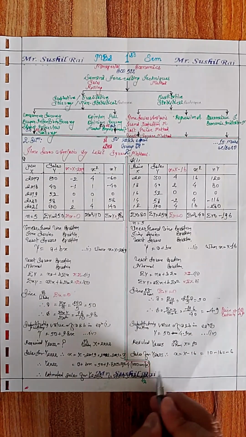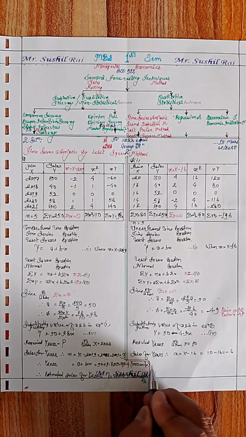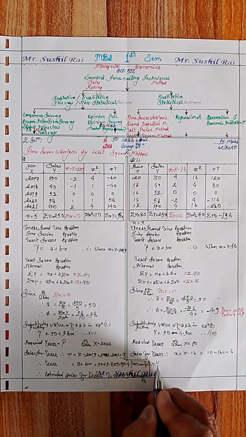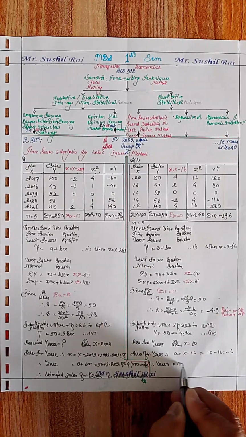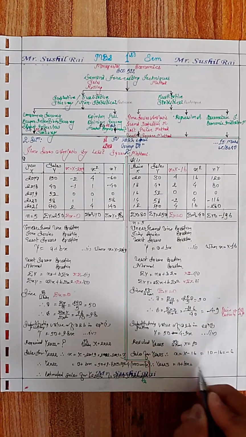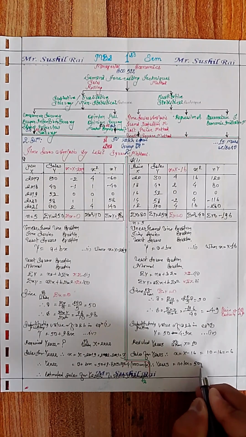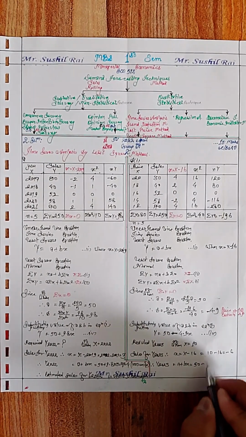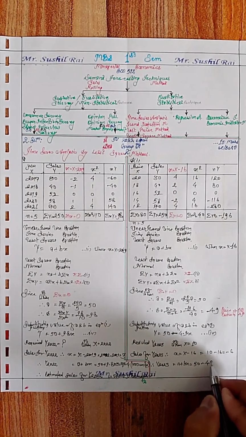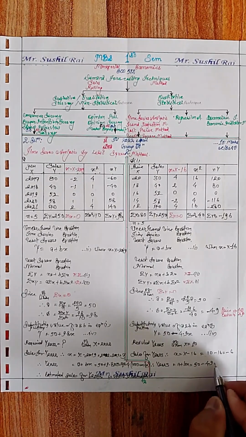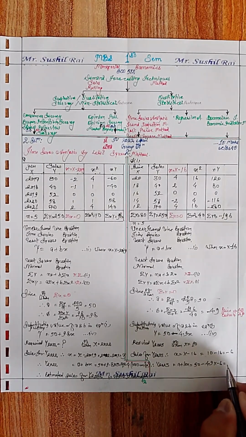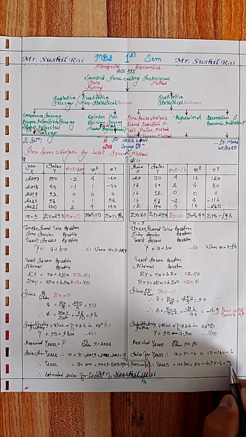Therefore, y for 2023 is equal to a plus bx, which is 50 minus 4.9 into 6, equal to 79.4.